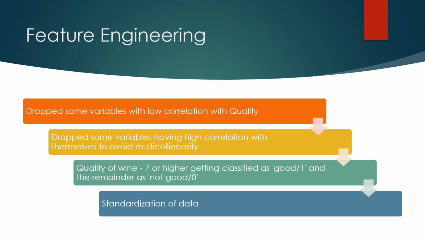For the purposes of classification, quality of the wine, which was given on a scale of 0 to 10, was clubbed as good and bad. Less than 7 is classified as bad quality wine, and 8 and above are classified as good quality wine. All the variables were in different units, so we standardized the data before feeding it to the machine learning model.